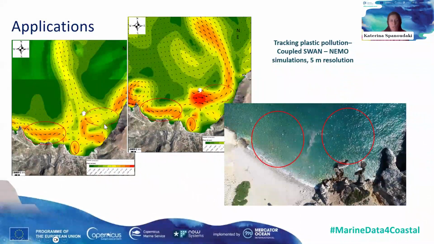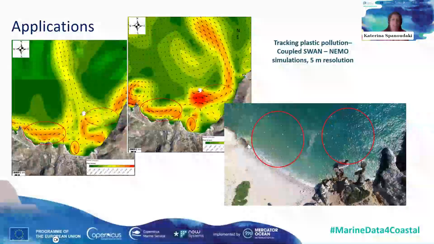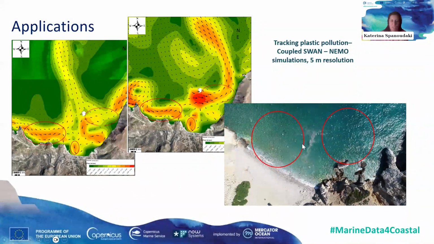Regarding marine pollution, the very high resolution hydrodynamics and waves are also very important. We were able to calibrate our models with observations from drones regarding microplastics, as you see here, and to explain the process of these microplastics reaching the coast.